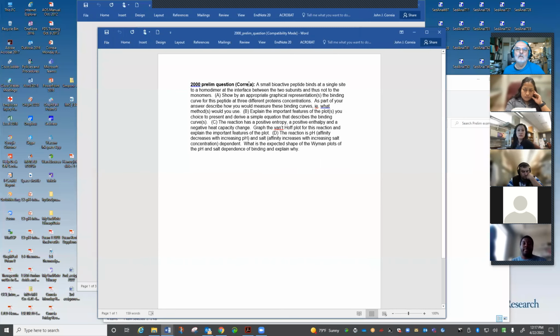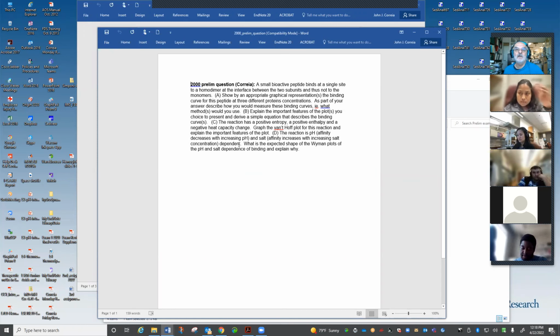Okay, so the first one is just a kind of a description of a binding reaction and then a series of questions about how you might graph data, how you might collect data, what methods you might use, and then what Van Hoff plots would look like depending upon what the entropy, enthalpy, et cetera is.